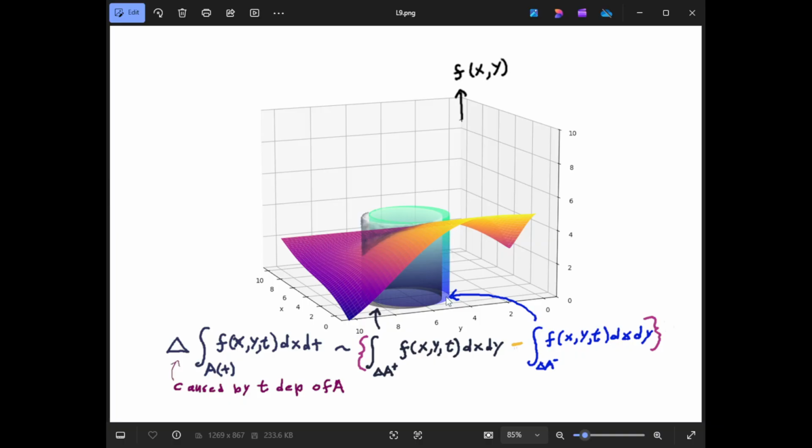And then there's going to be a volume removed, which is designated by delta A negative, which is also topped by the function at t naught. And this is what's going to be the change in the integral that's caused by the time dependence of A.